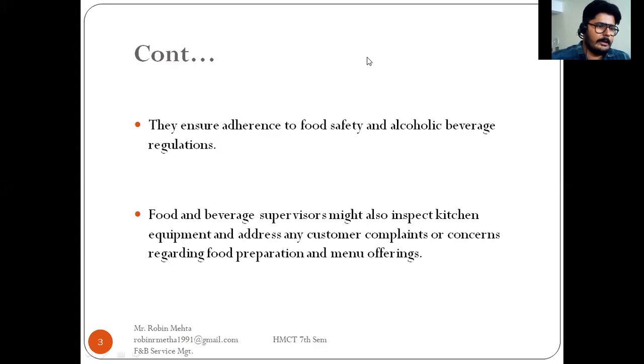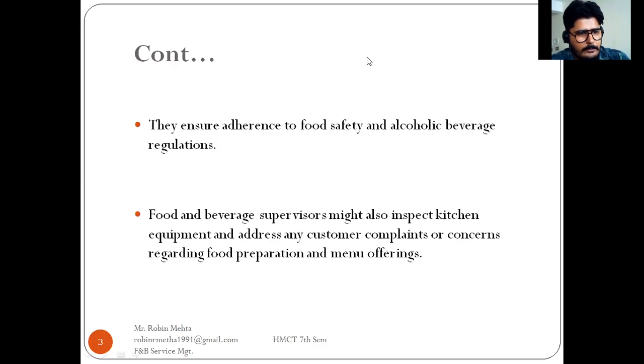At that point they address us, or provide guidance to us, that improvement is required in our work. Or they tell us that we have to do thorough cleaning over there.